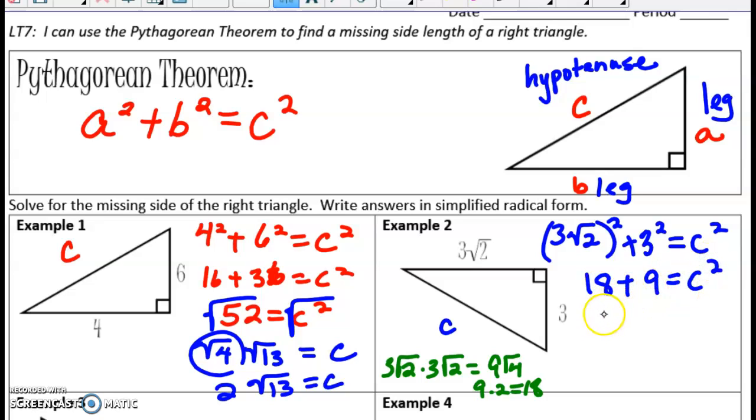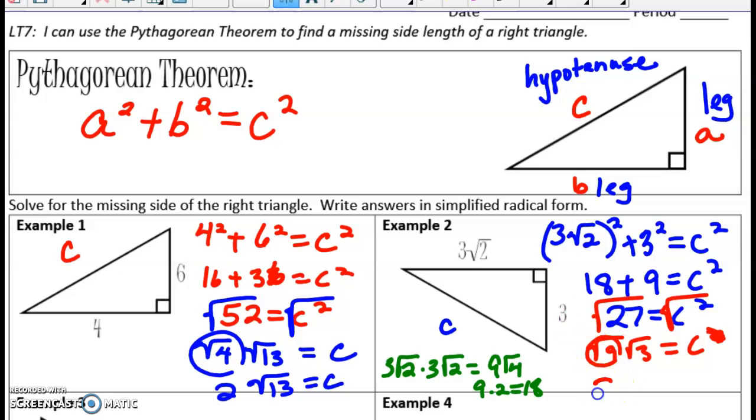And that is 27. And to get rid of a square, we're going to square root. And again, if you have a Casio, hit the square root of 27. It will break it down to the answer for you. If you don't, good thing you're smart. Whoops, no more squared on that. We know the square root of 9, so our answer will be 3 root 3.